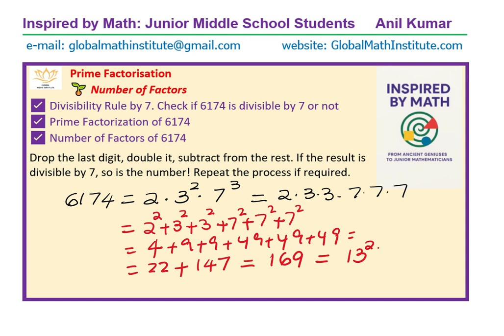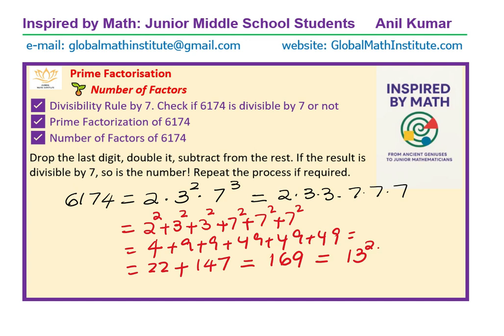So, when you get these prime factors of 6174, and if you add the squares of each one of them, you get a perfect square, right? Very few numbers have this property. And there are many other properties which we are going to explore for 6174. You watch other videos and see how beautifully Kaprekar used to entertain students with numbers.